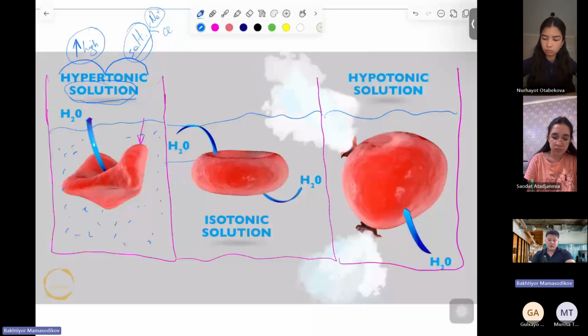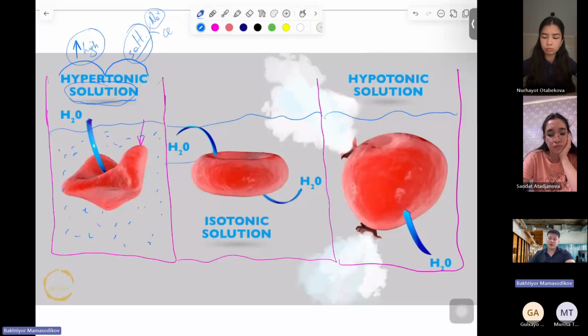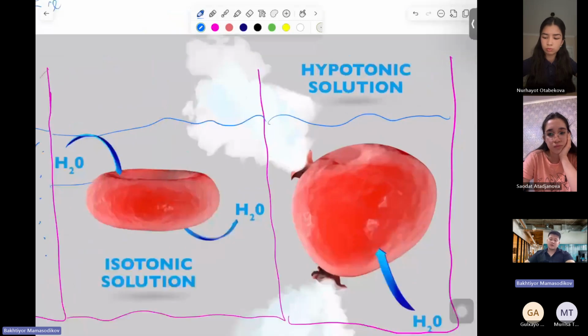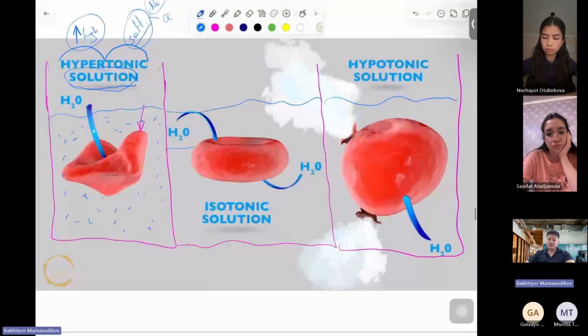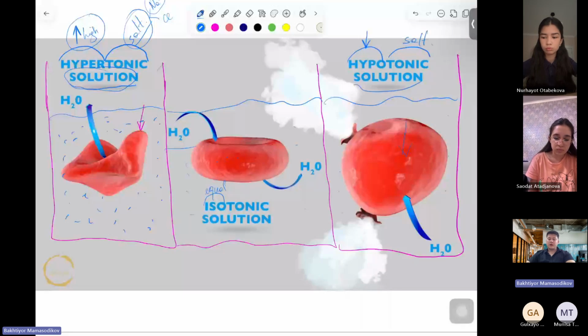Compared to the hemoglobin, a hypertonic solution has more salt. Isotonic solution means the amount of salt in the cell and in the solution is equal. Iso means equal. Hypo means low, tonic means salt, so hypotonic means a low salt solution.